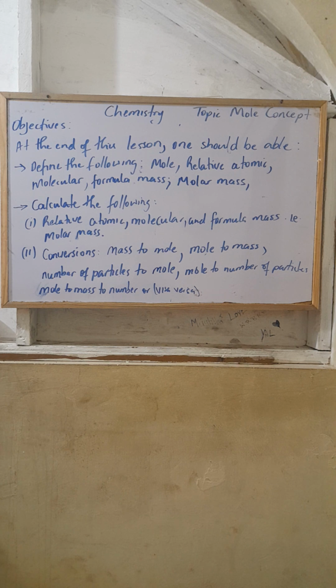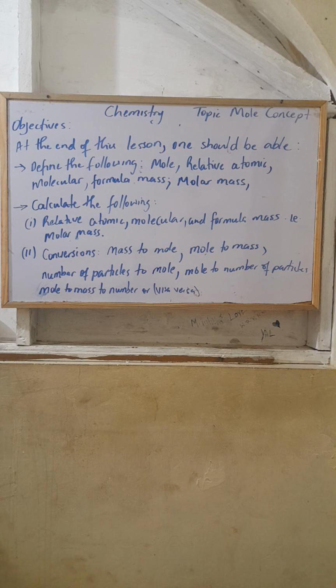It was found that 12 grams of carbon-12 contains 6.0 times 10 to the 23 atoms, and therefore, a mole represents 6.0 times 10 to the 23. So again, what is a mole? The short of it is that a mole is the amount of substance that contains 6.0 times 10 to the 23 particles of the substance.